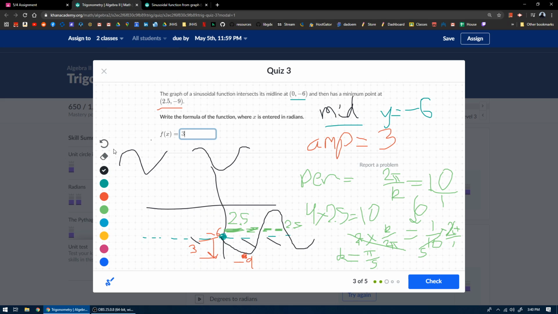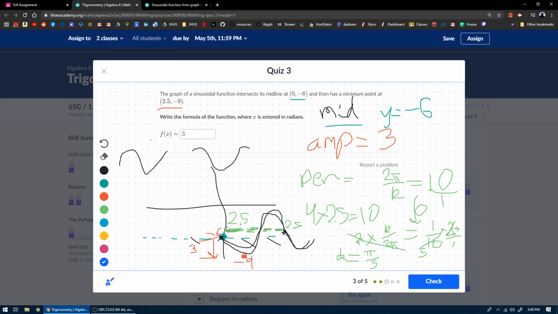It makes more sense for it to be sine, because it goes from the middle down, then middle up. If you look at one cycle, it looks like the graph of sine, but it's flipped over. The normal graph of sine would look like this, but this is flipped over.